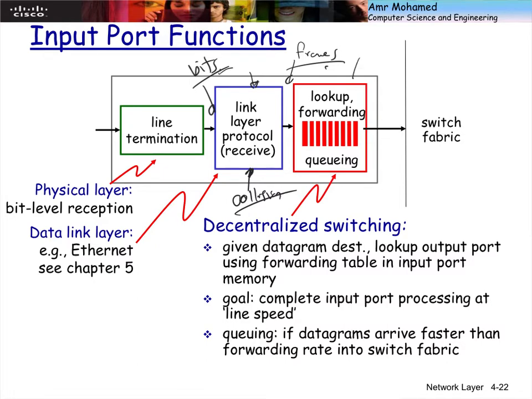And then here is the network layer. This is the main focus. In the network layer at the input port, what we need to do is queue the packets, okay? And why do we need to do queuing? In architectural design, you need to have a queue or any kind of buffer if you have an input process and an output process which vary in terms of speed.